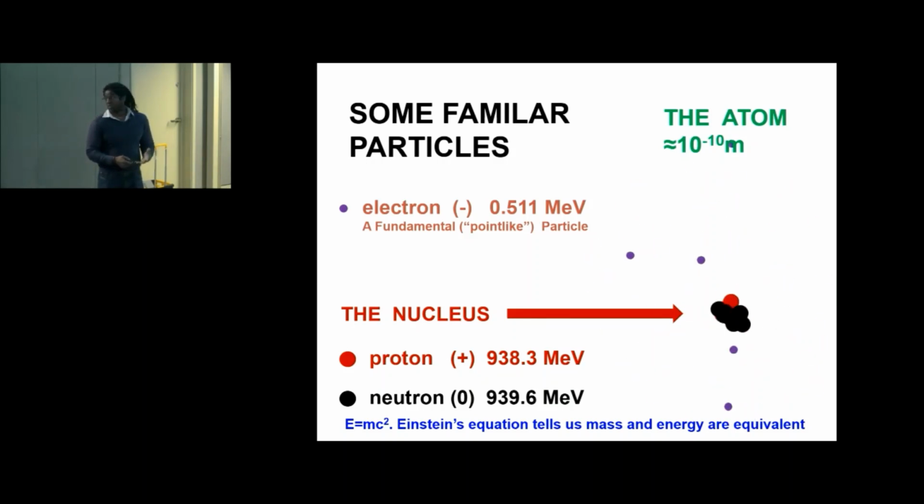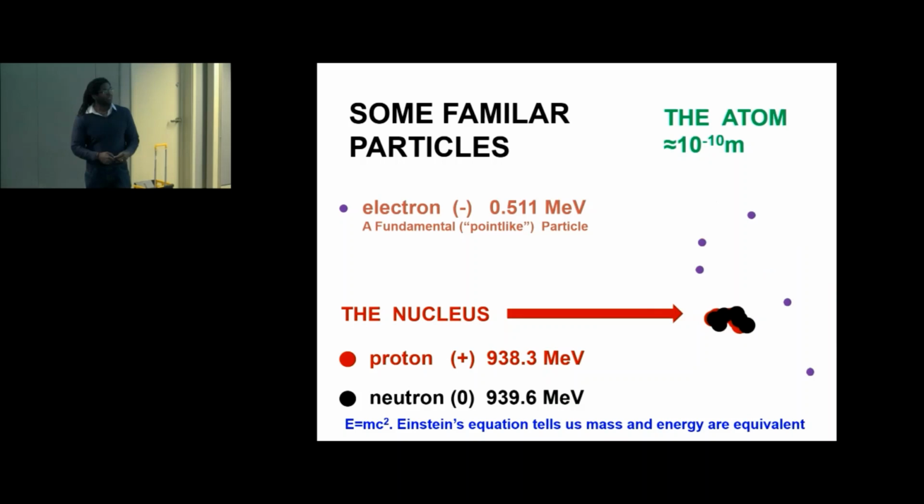However, the protons and neutrons are not elementary. I'll take a little aside here, and state the masses of these particles. The electron has a mass of 0.5 MeV. Protons and neutrons are around 1,000 MeV, which we also refer to as a GeV.